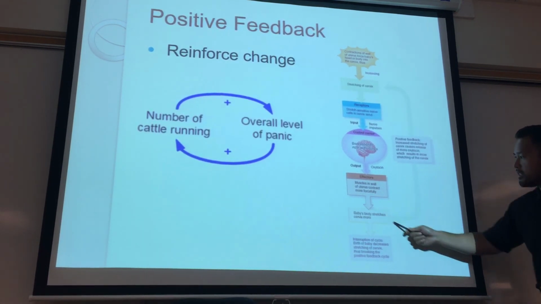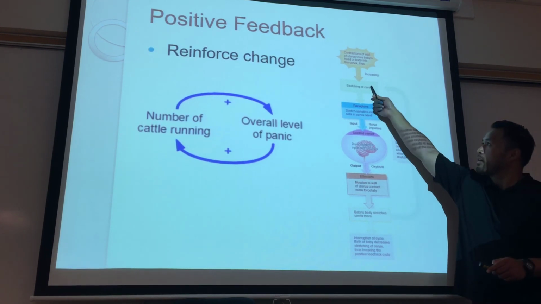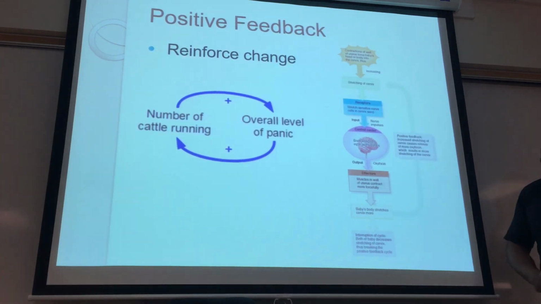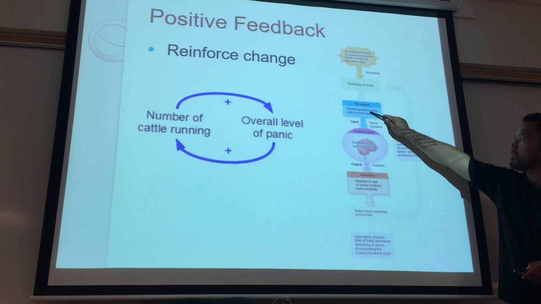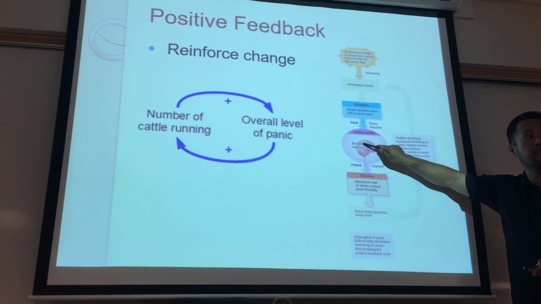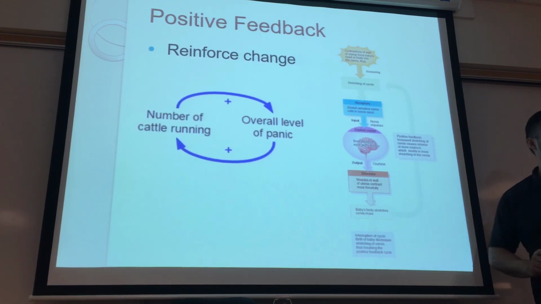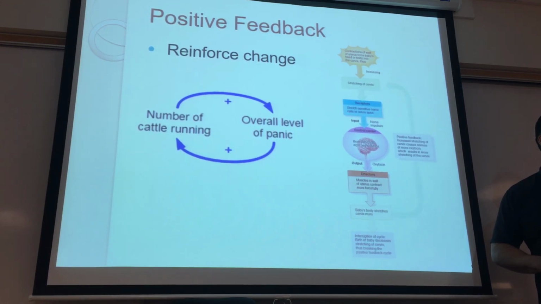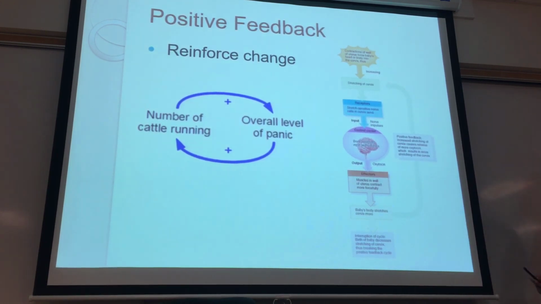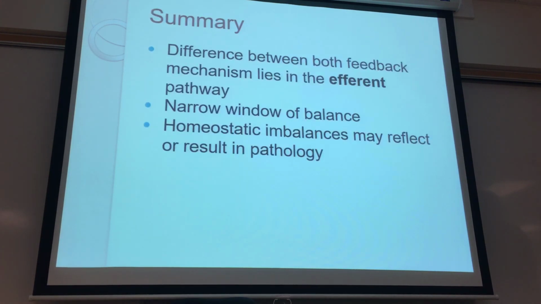And this results in an increased response. So everything else happens the same way. Receptors receive information, the control center makes the decision. It's the effector pathway that's going to be different. The effector in positive feedback reinforces the change. And we all do that to maintain that window of balance that I mentioned earlier.